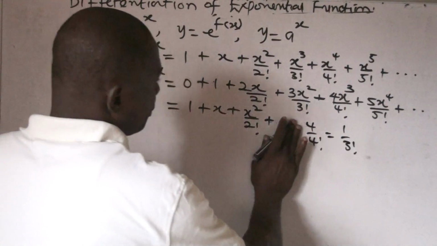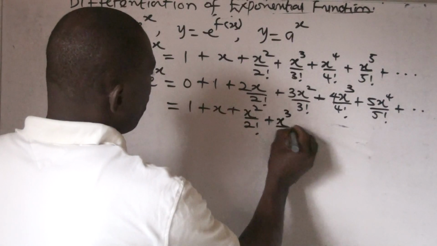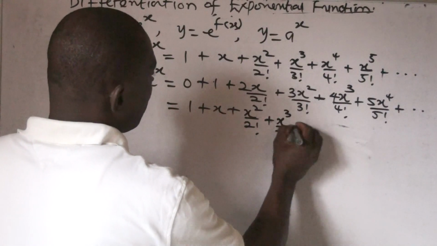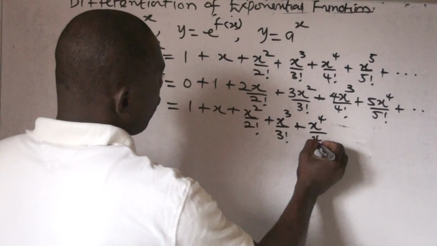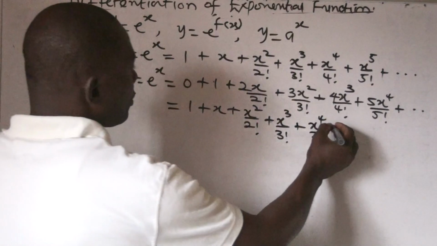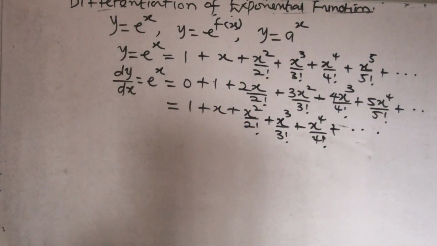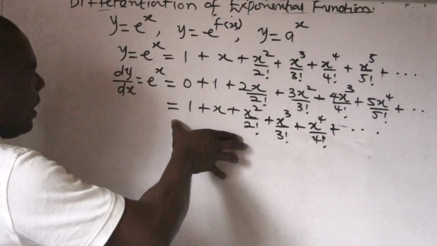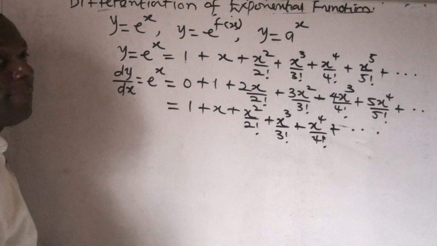Here it becomes x cubed over 3 factorial. Similarly, this will become x raised to power 4 over 4 factorial till infinity. And what we've just noticed is that the derivative of this is the same thing as the function y.